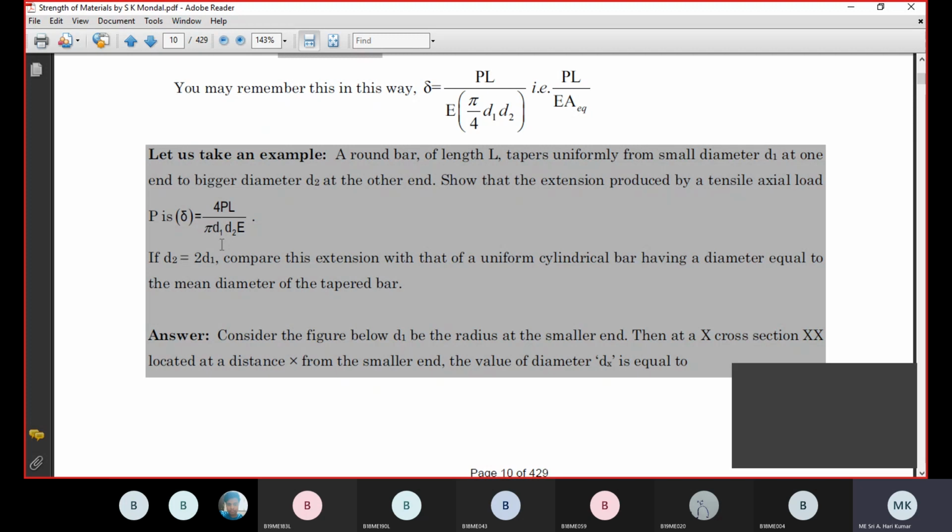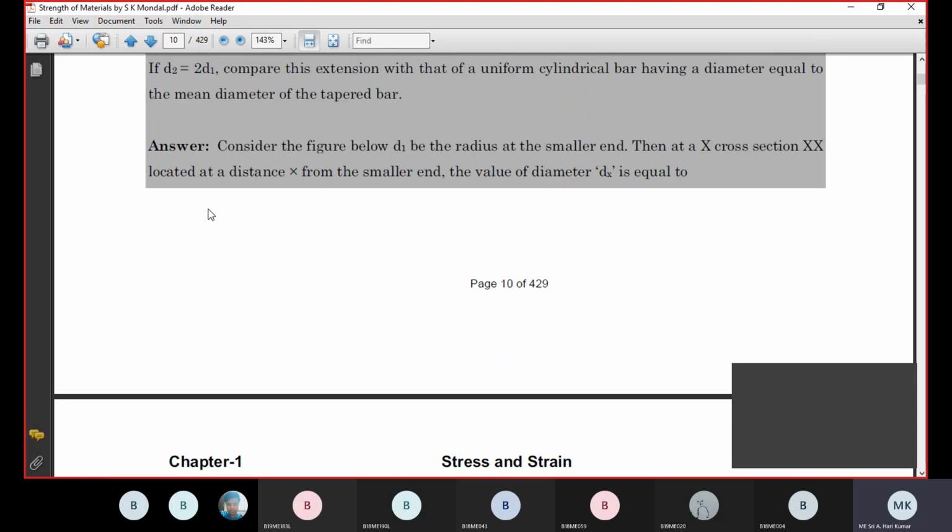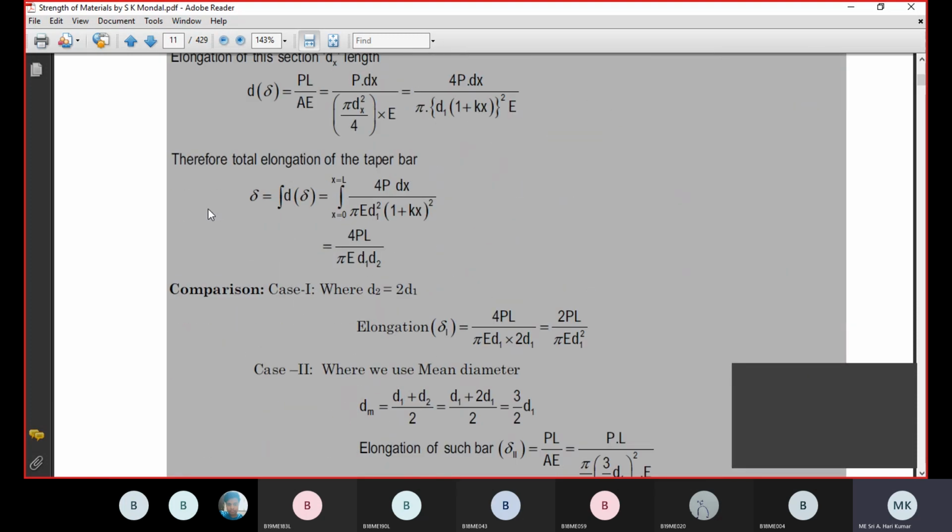IES contains some conventional type questions, in the sense you have to write answers, solve problems, and write theory essay type answers. But in GATE everything is multiple choice, MCQs. So need not worry about the derivation. I thought there was some problem, but that is the derivation.